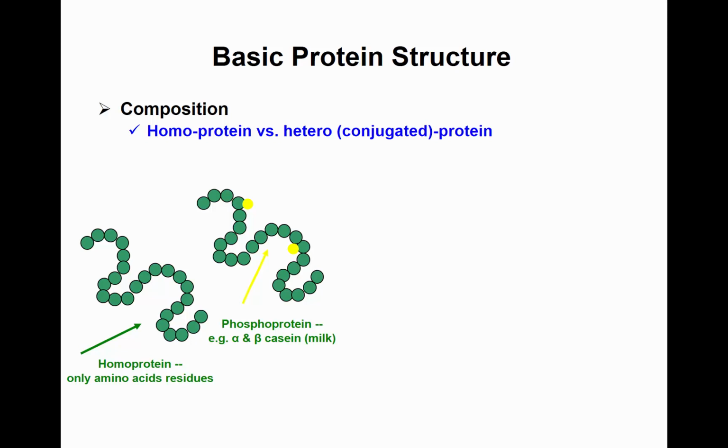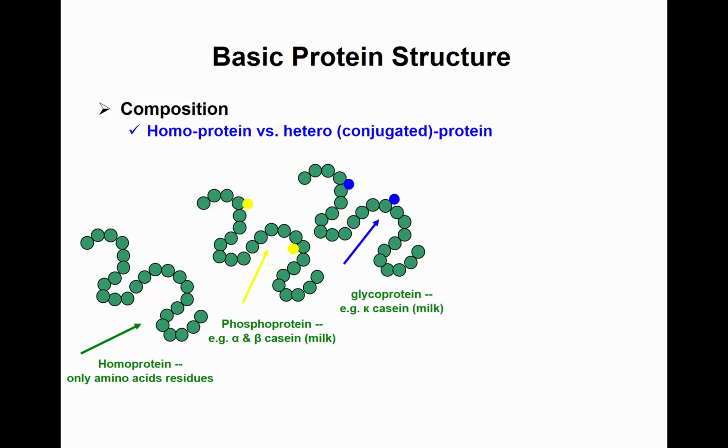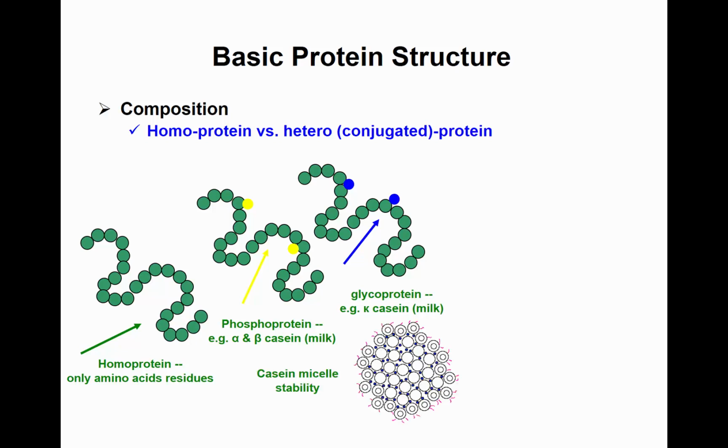They can be phosphorylated via post-translational changes in the cell, producing a phosphorylated protein. Or they can be glycoproteins with a carbohydrate moiety attached, such as the kappa casein in milk. Again, this is a post-translational modification.